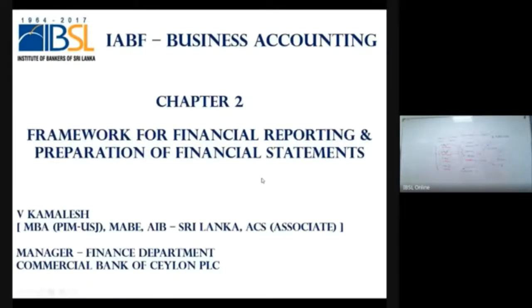So we are going to look at the second topic, which is the framework for financial reporting and preparation of financial statements, right? So we are going to look at the framework applicable for financial reporting and the preparation of financial statements. You all can see the screen, right? The presentation is visible? Yes, sir.